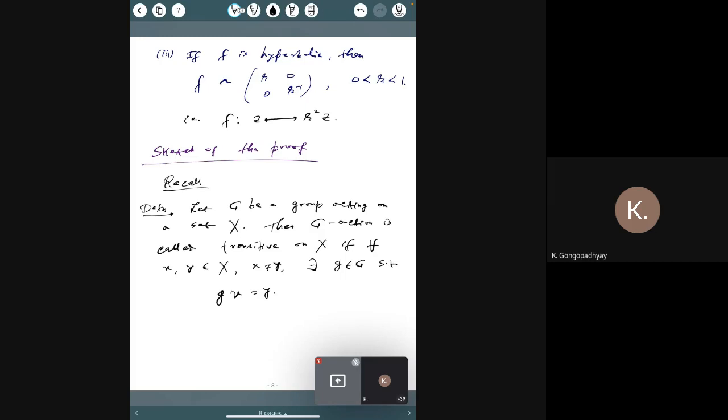All right, so this is the notion of transitive action. And the crucial lemma for us is the following.